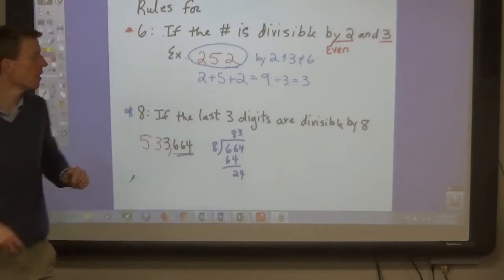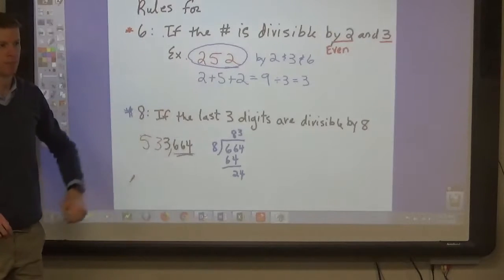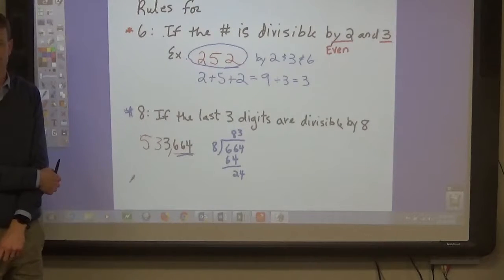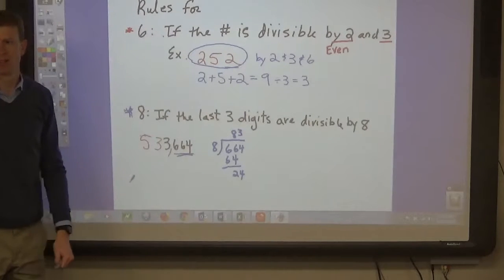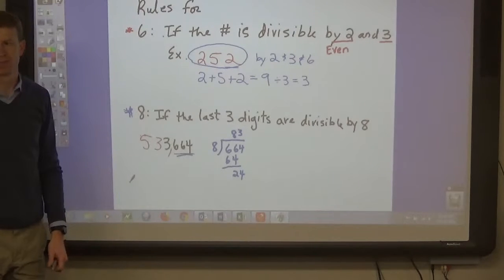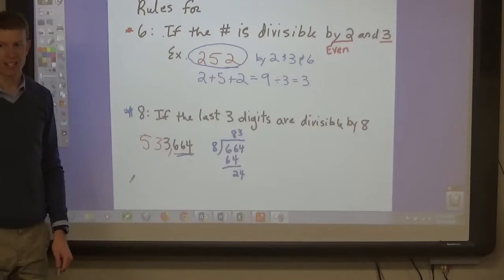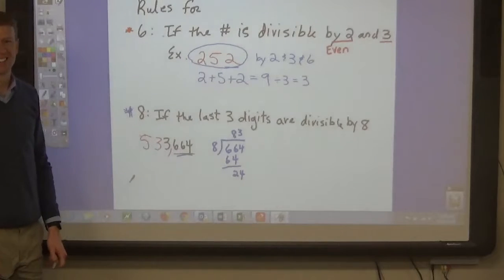Then raise your hand if you think this number is divisible by 4. How many of you think this number is divisible by 4? You think it is? You don't know?